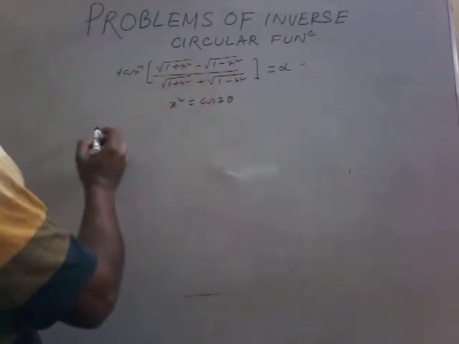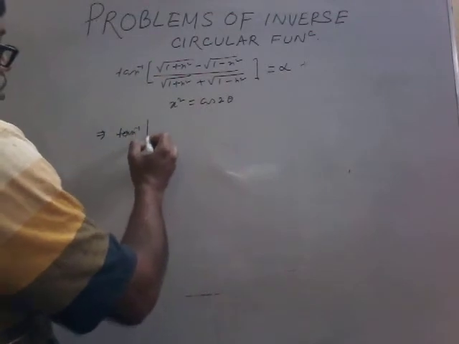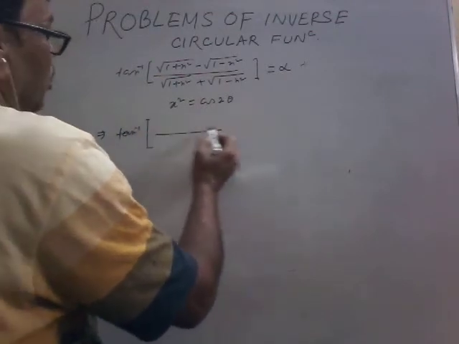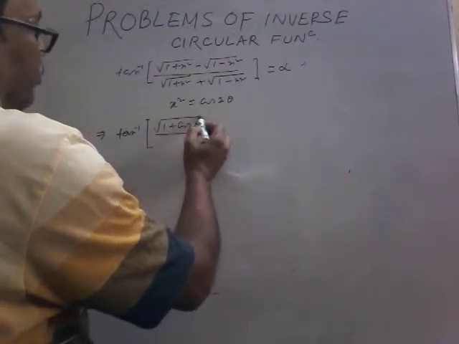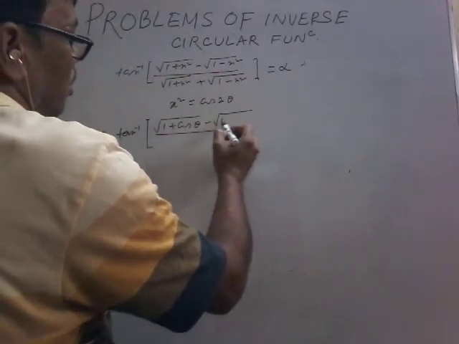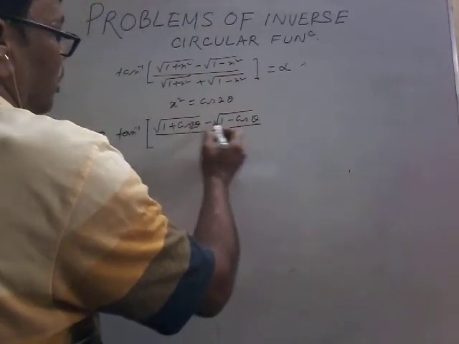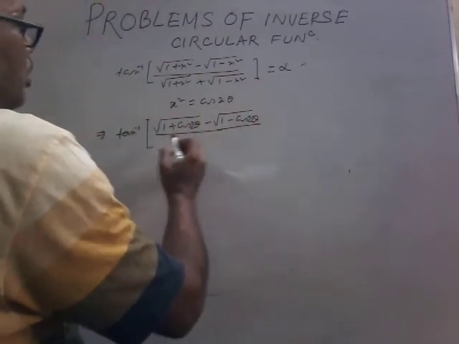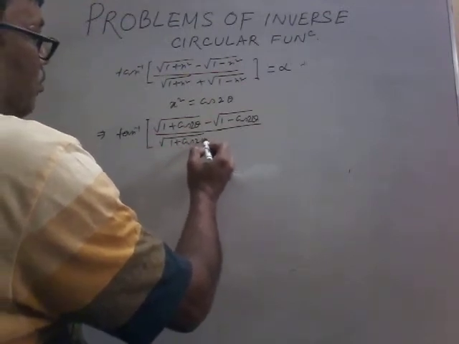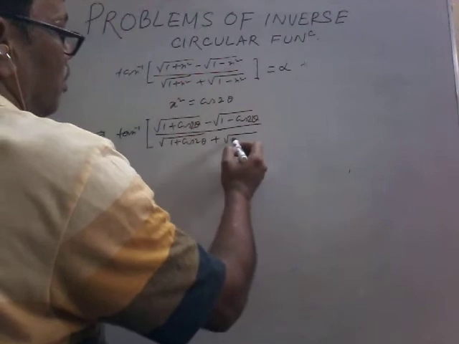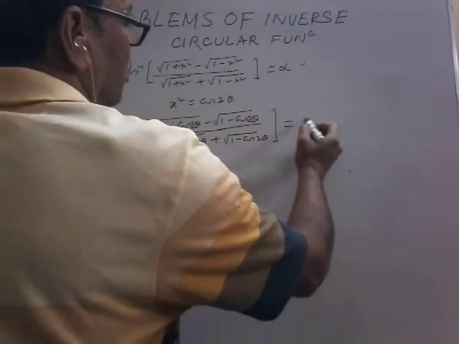So put the value. This implies tan inverse of (root over 1 plus cos 2 theta minus root over 1 minus cos 2 theta) by (root over 1 plus cos 2 theta plus root over 1 minus cos 2 theta) equals alpha.